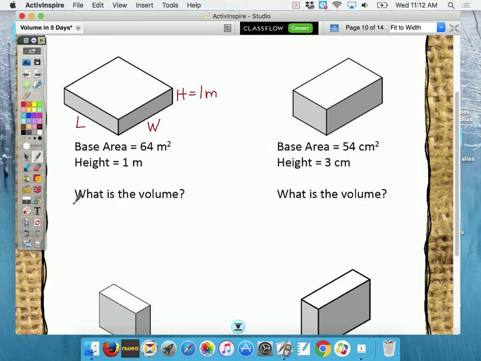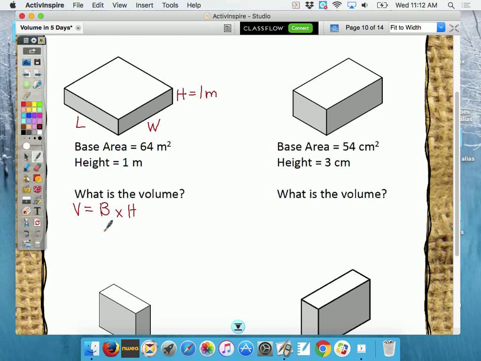All right, so the base area is 64. Let's go ahead and write the new formula. Volume equals what? Base times height. Okay, and the base is actually 64. Now, a lot of times, this will be given to you, and the volume will be given to you, and you'll have to figure out the height.